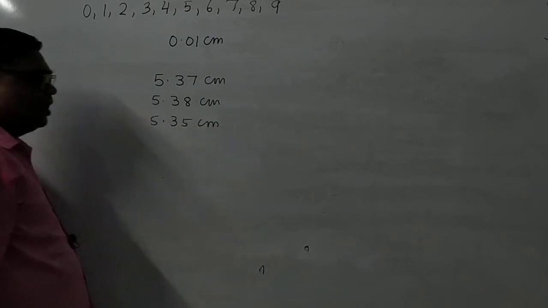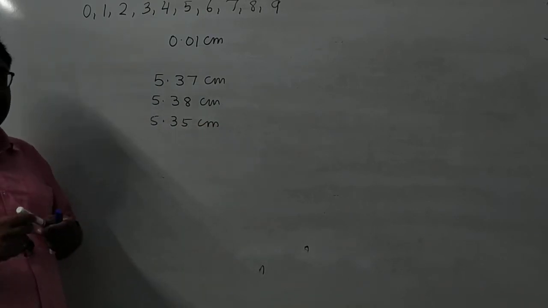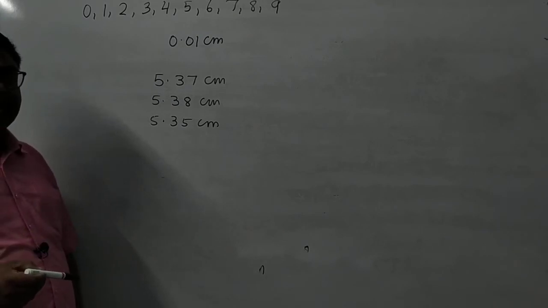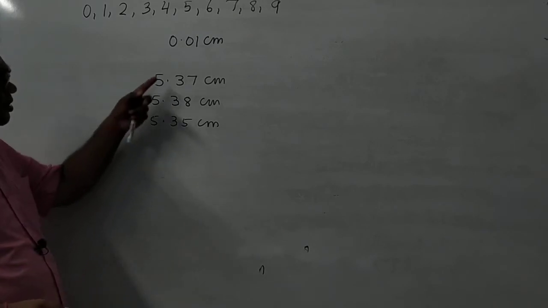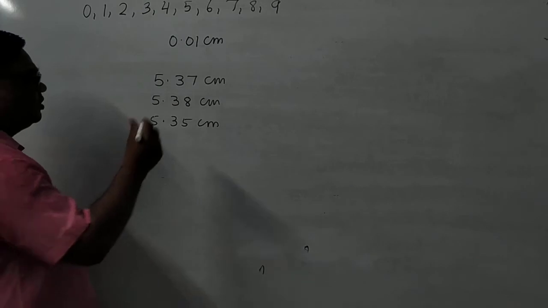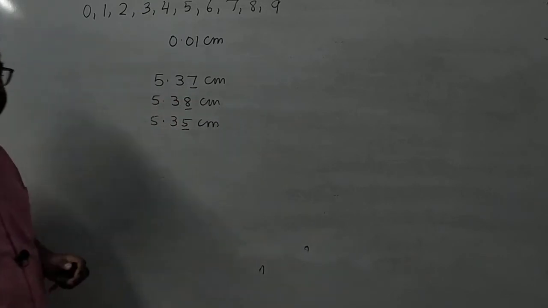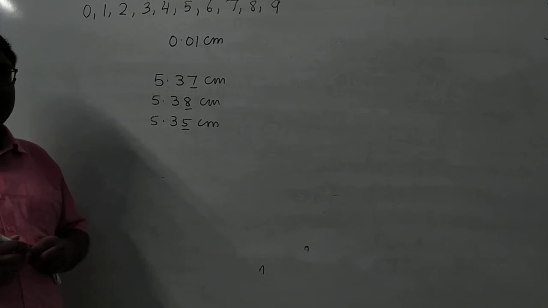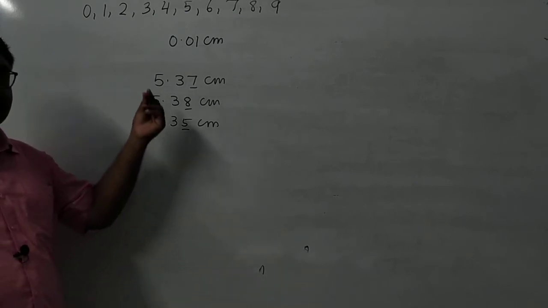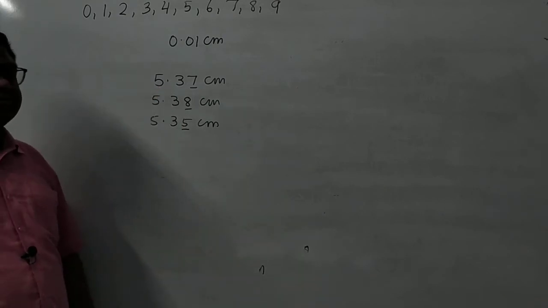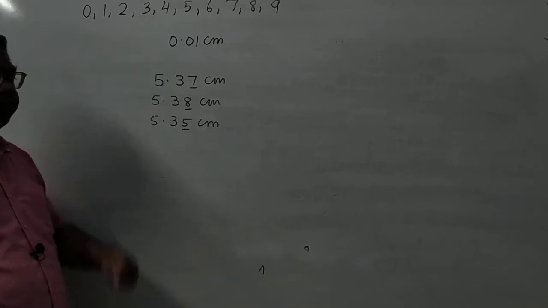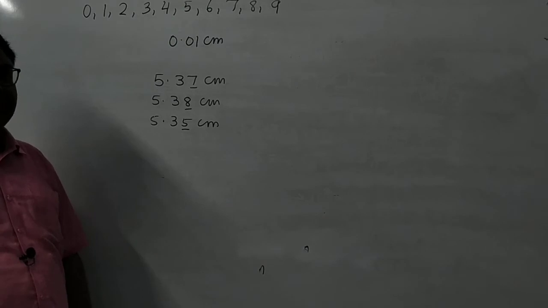We are measuring the same thing again and again, and almost every time we get a different digit at the last place, while the other two places have the same values.